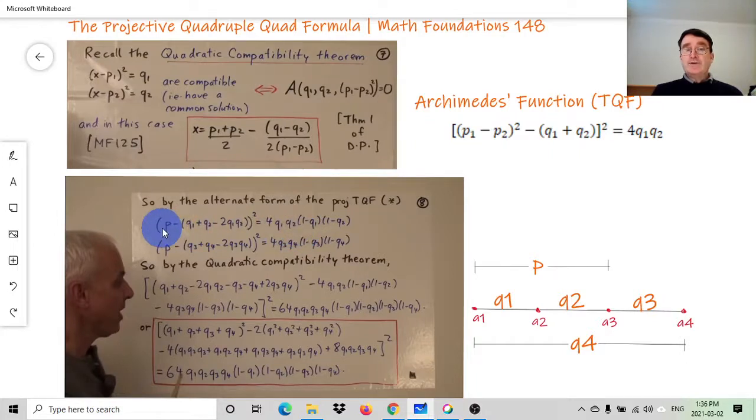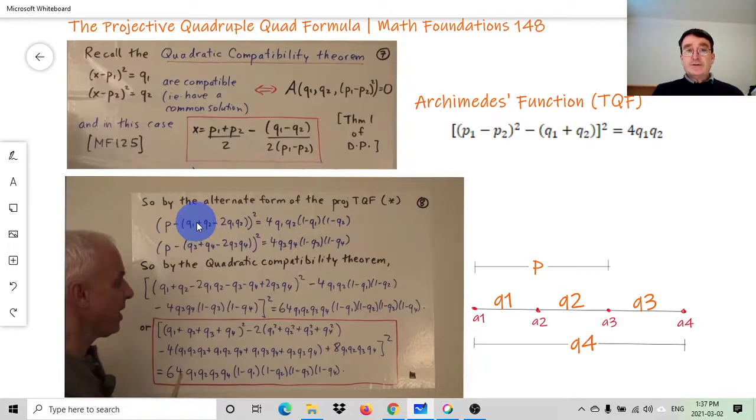He started with two triple quad formulas right here, which are in this form. These are two quadratic equations in P, and when you take the values from these two equations and put them into this formula, then you arrive at the Quadratic Compatibility Theorem.